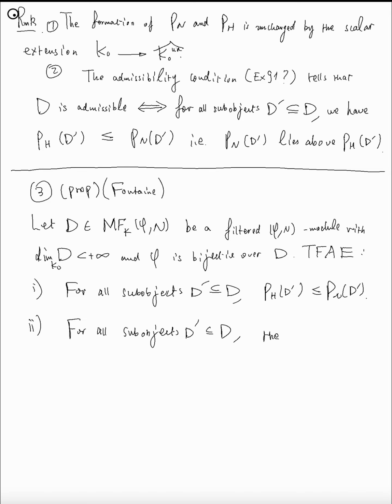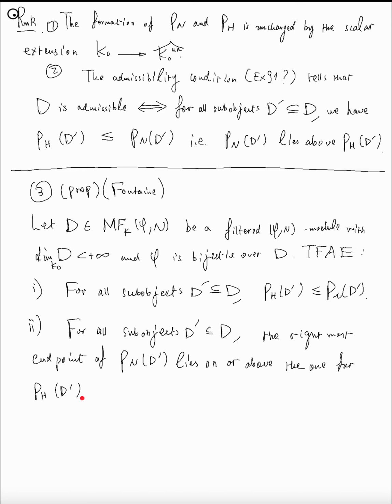We only have to look at one point, the rightmost endpoint of this Newton polygon lies on or above the one for the Hodge polygon. So instead of looking at the whole picture, you only have to look at endpoints.